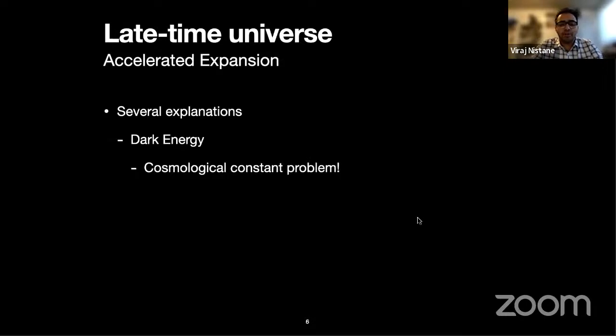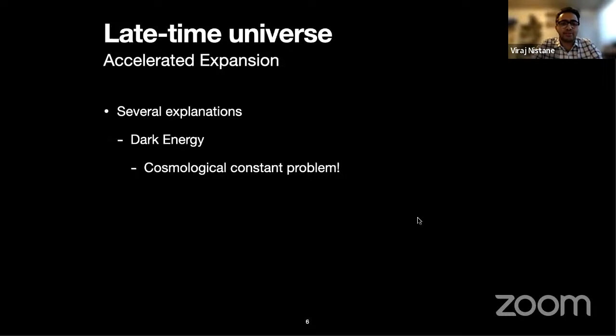This, in short, is the disagreement between the observed value of vacuum energy density, that is the small value of the cosmological constant, and the theoretical large value of zero-point energy suggested by quantum field theory. In short, we can say that the nature of this exotic dark energy dominating the energy budget of the universe today remains a mystery.